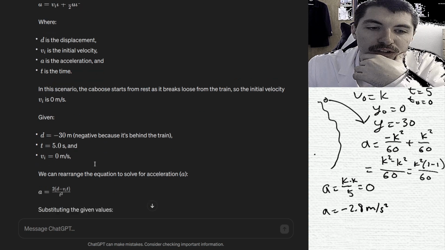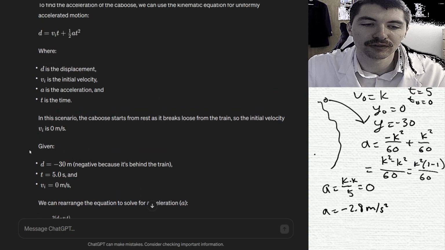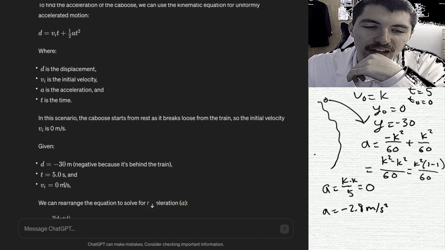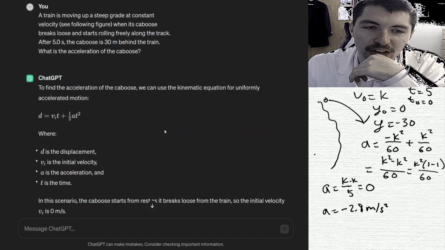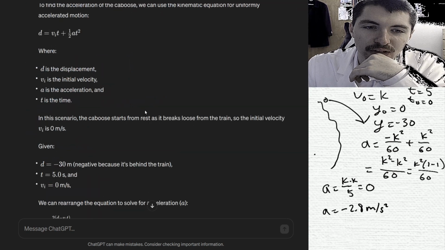They have V naught for 0. But that's not right, is it? Initial velocity is not 0. The question specifies it's constant.